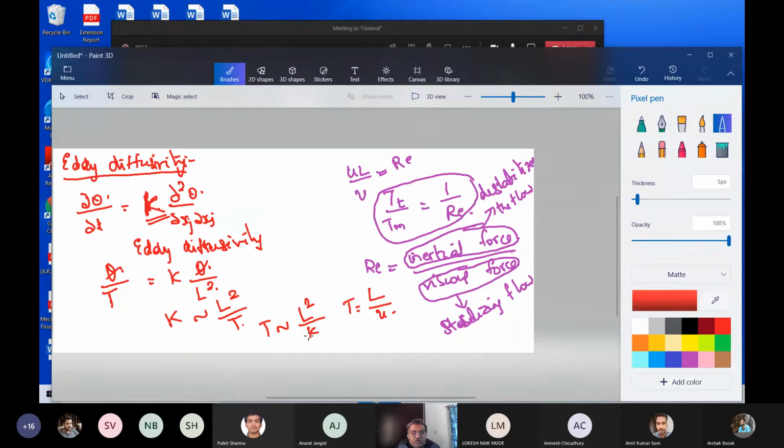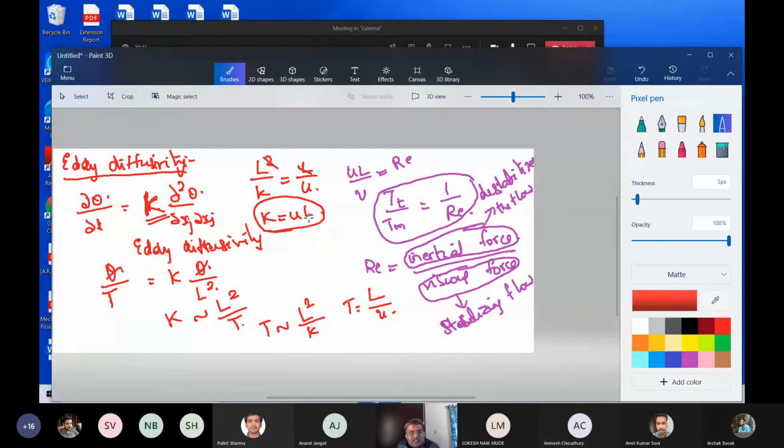Now, if we assume these two to be identical, then we get L squared by K equals L by U. So one L cancels, and you get K equals UL.